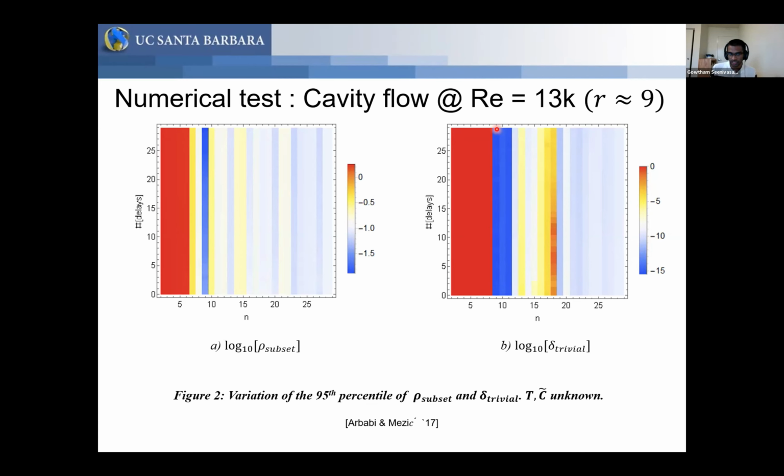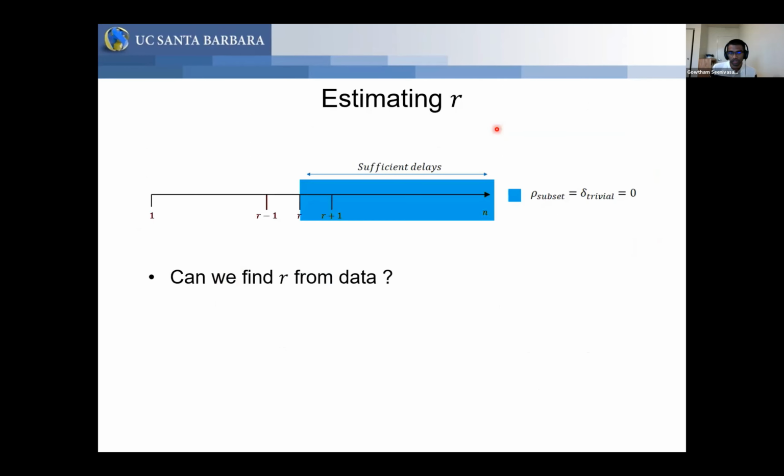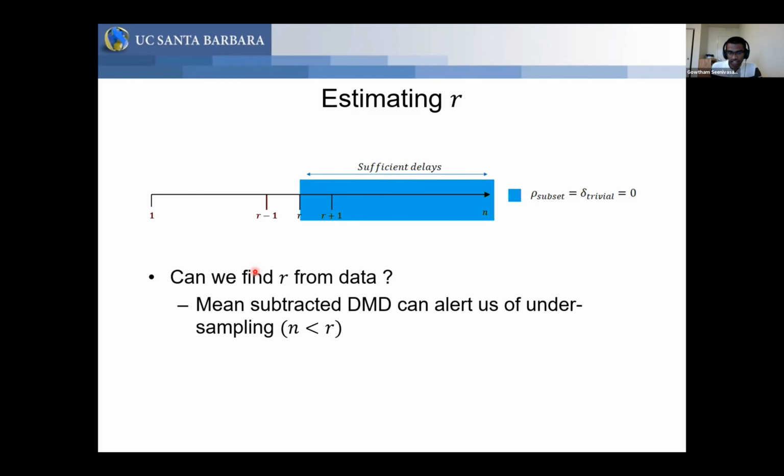So both of these examples need an idea of the order of the underlying system, and this is difficult to come by if you just have a time series in hand. And so the natural question is, can you just find this with the time series? We can answer this partially by looking at the equivalence of mean subtracted DMD and DFT.